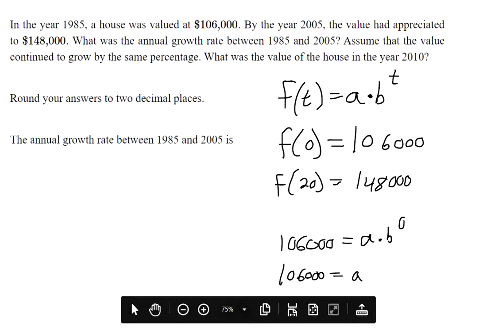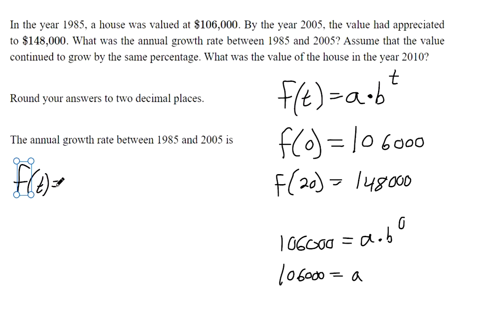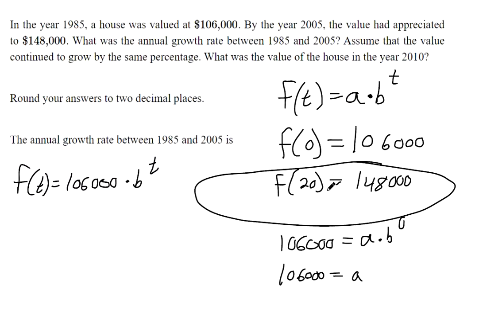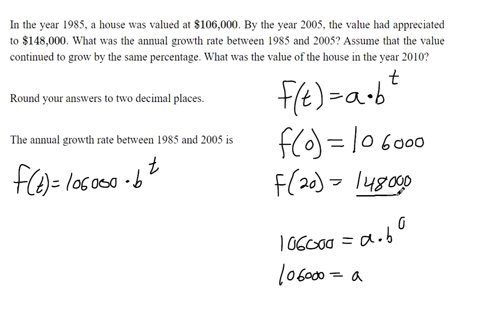So we know what A is supposed to be, and our function is a little more defined now. To find B, let's plug in the other information. We plug in 20 for t and 148,000 for the result, because we should get 148,000 when t equals 20, according to the word problem.